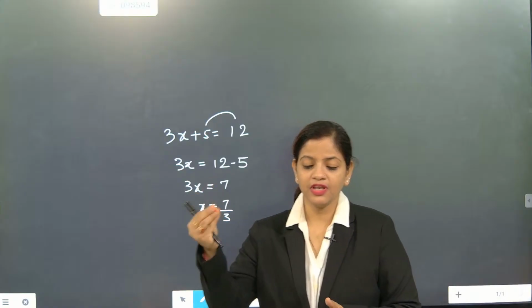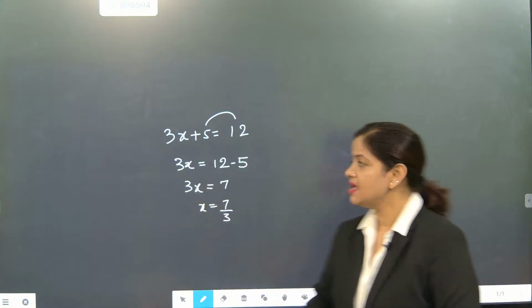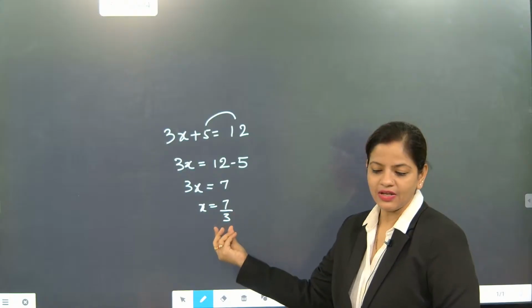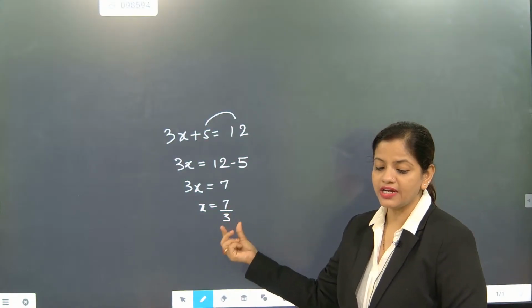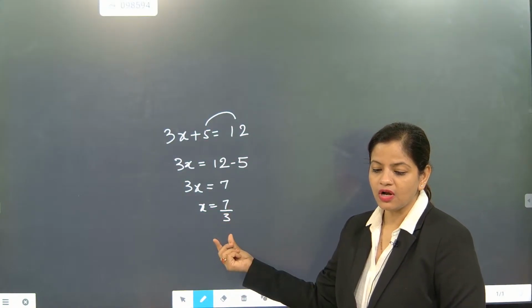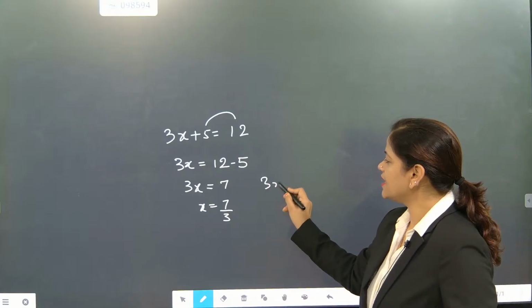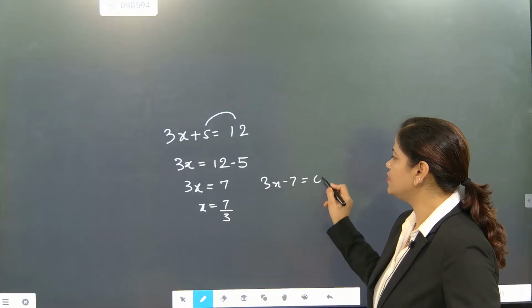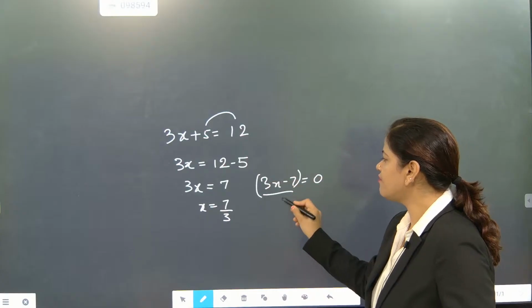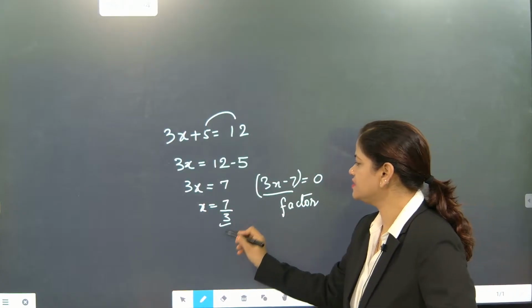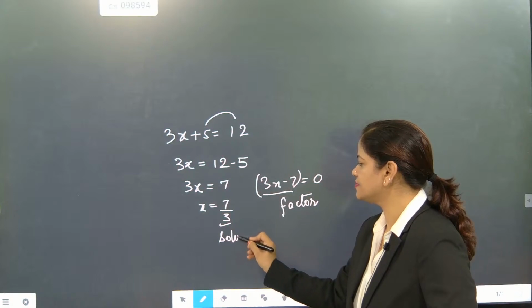See, when you write an equation, LHS is equal to RHS, and you are getting the value of x. This is called the solution. 3x minus 7 equal to 0 will become the factor, and this is the solution.